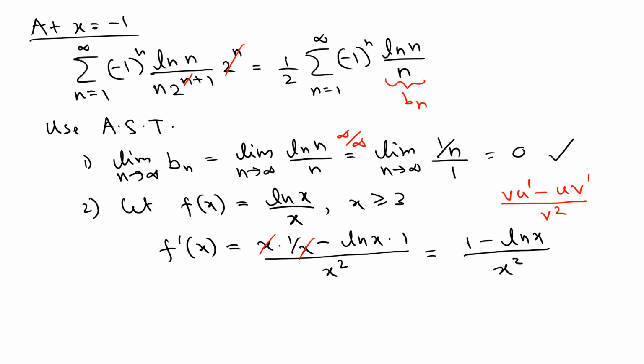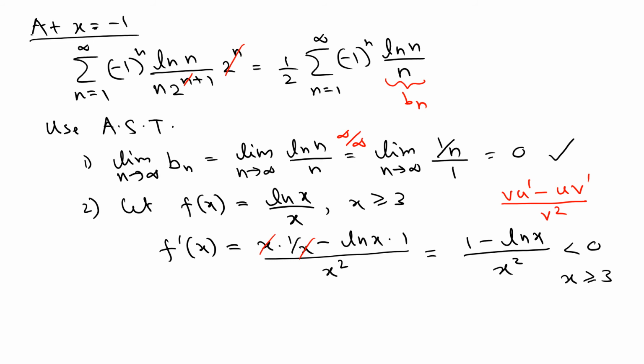But we know that when x is bigger than 3, actually bigger than e, this is negative. We say bigger than 3 because it's a series; we don't need e for this one, since we jump with 1, 2, 3 like that.